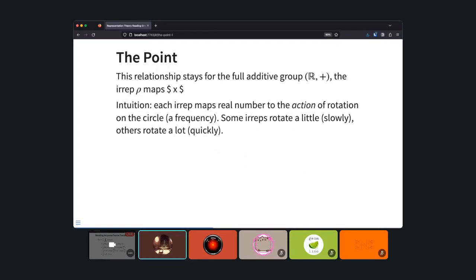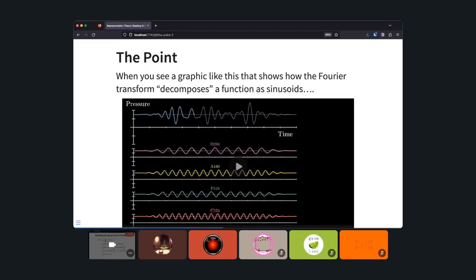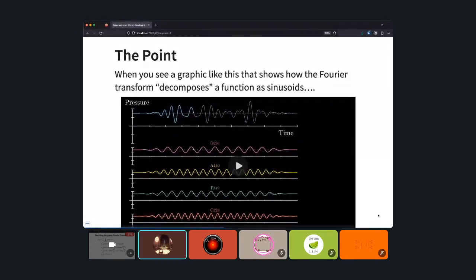Because this is, oh, I messed up the LaTeX. Specifically, when you see something like this, and I did steal this from 3Blue1Brown, when you're like, okay, the Fourier transform means that I can add these functions together, or I can decompose my function as a bunch of sine curves.